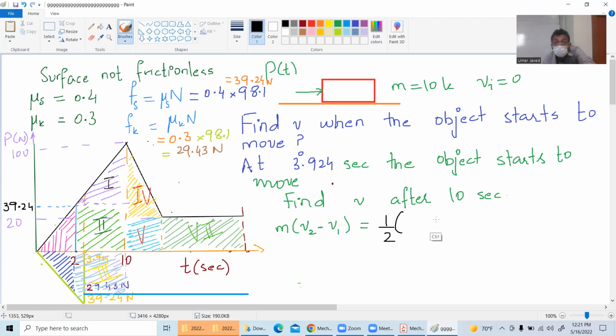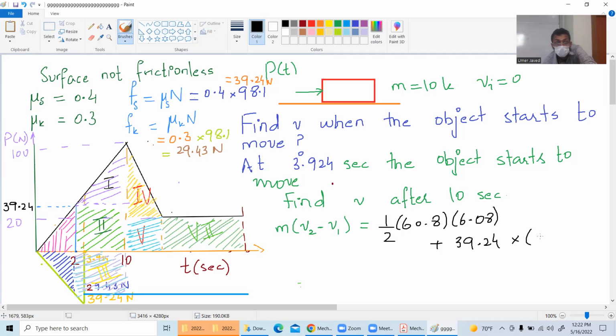So it will be 60.8 into 6.08, then plus the area 2, that is 39.24 into 6.08.